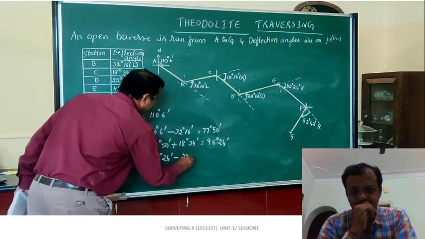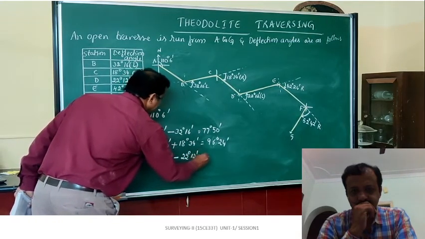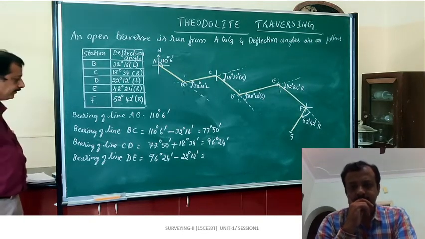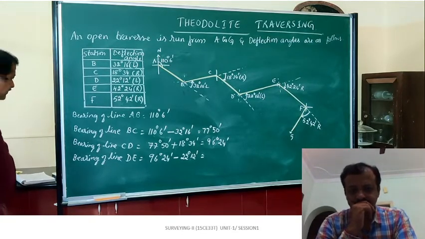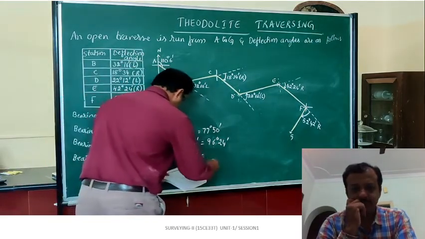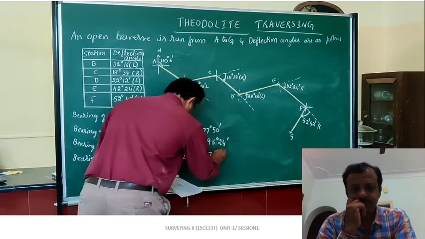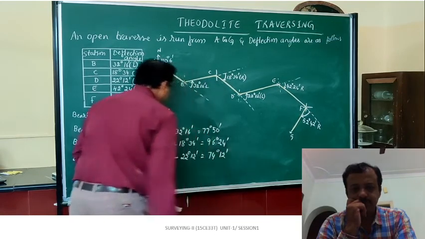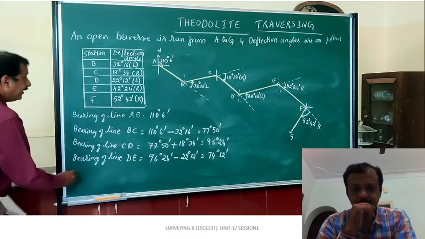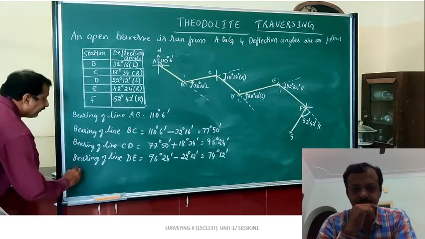Minus 22 degrees 12 minutes. If the deflection angle is left, you have to subtract. If the deflection angle is to the right, you have to add. So 96 degrees 24 minutes minus 22 degrees 12 minutes is 74 degrees 12 minutes.